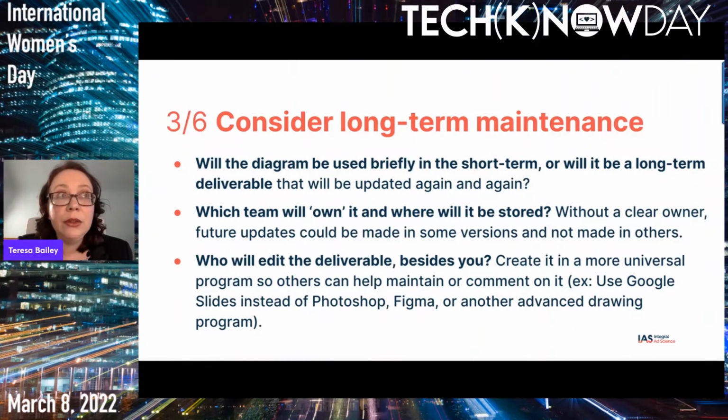And the other thing is, even though I'm a UX designer, I've been working in Photoshop for more than 20 years, Figma, Sketch, Illustrator, I can draw in any program I want. I'm not going to do that the vast majority of the time for a diagram. I want to make sure that the stakeholder or other people who are more likely to update it can update their own document.